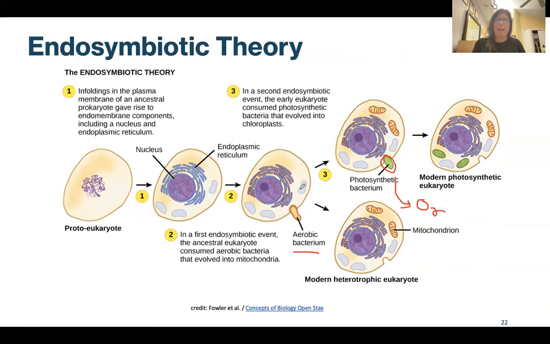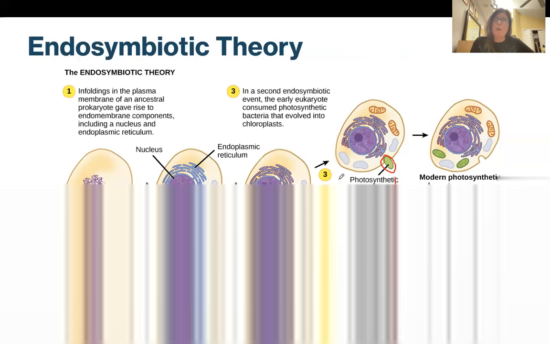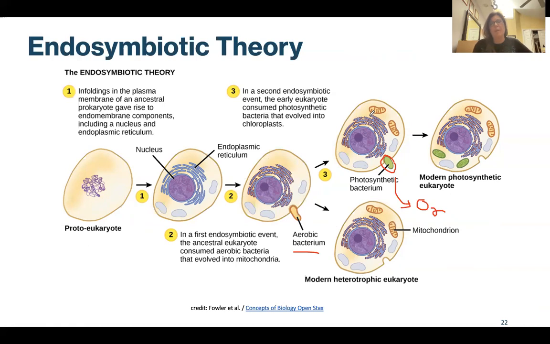This big old guy at some point took in the little aerobic bacterium, aerobic meaning it uses oxygen, probably with every intent to eat it, when for whatever reason, it wasn't able to digest it. And it worked better with it. It's not like it said, oh, I like you, I'm going to keep you. But no, it was more successful.